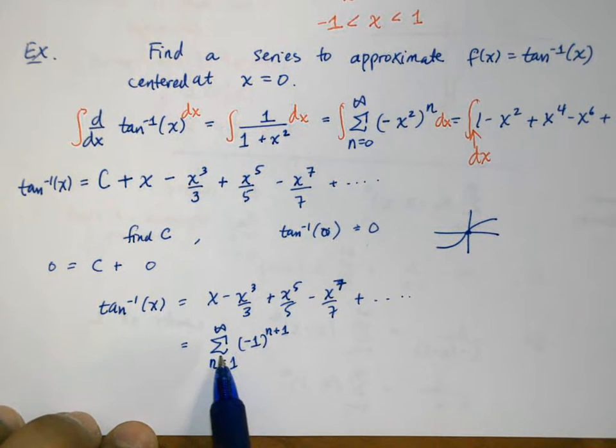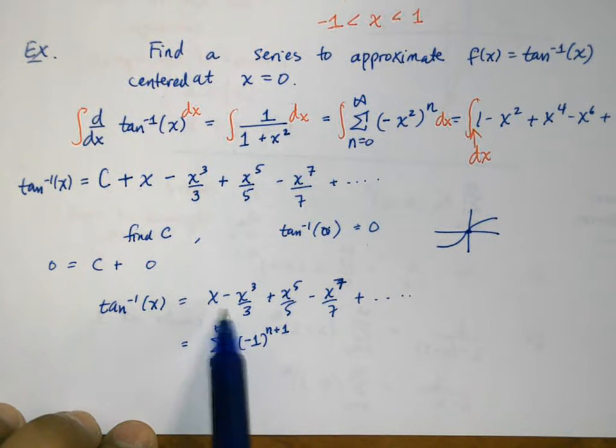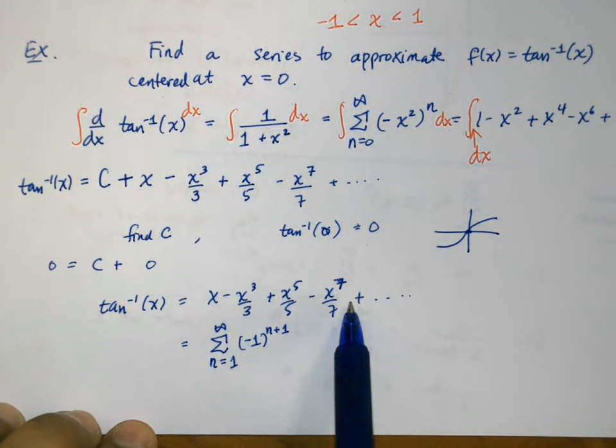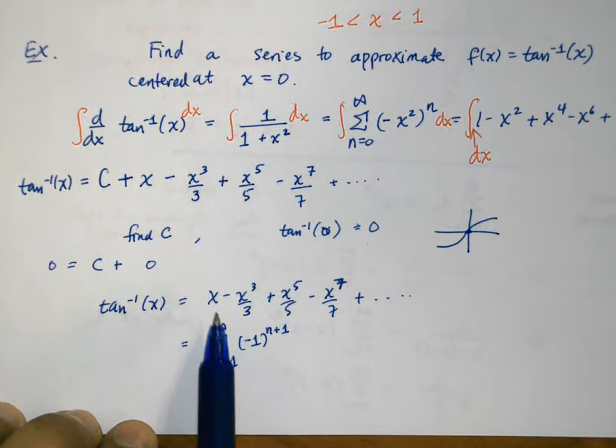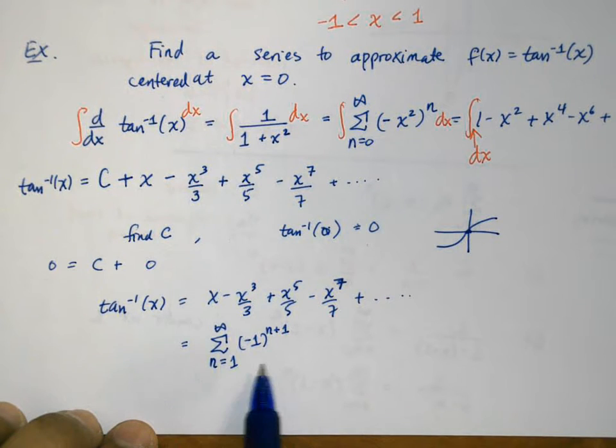So I'm going to try and write out the general term for this power series. Notice that it alternates between positive and negative, so this is this trick of using negative 1 to the n. I'm starting here at n equals 1 because there's no constant term. The first term in this series is x, so we want the first term here to have a power of 1.